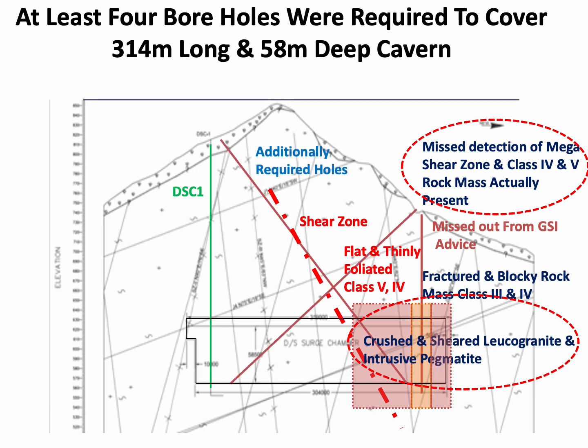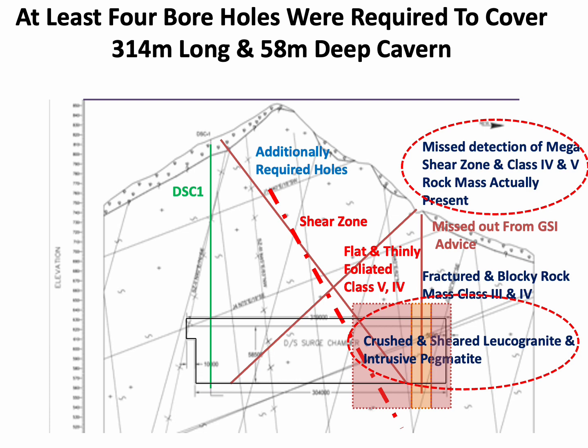Actually, as it is said here, at least 4 holes were required for a length of around 314 meters and 58 meters depth of the cavern: one vertical like this, 2 inclined, and the other vertical borehole at the other end.